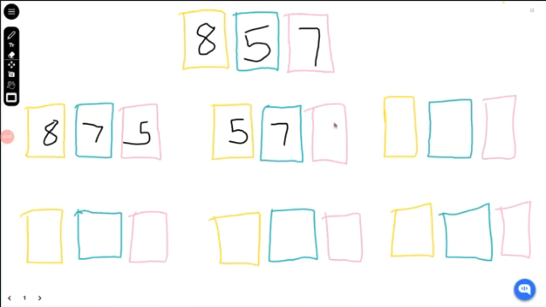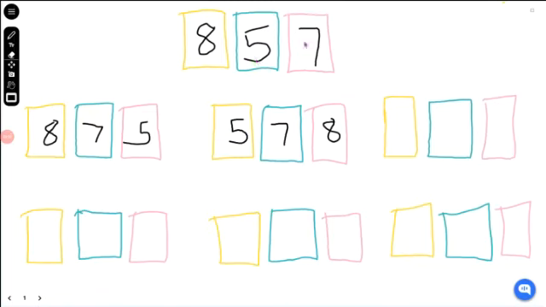And then 8 will be our last number. Okay, so we will have 5, 7, 8. Or we could say what? That's right, 578. Well done.